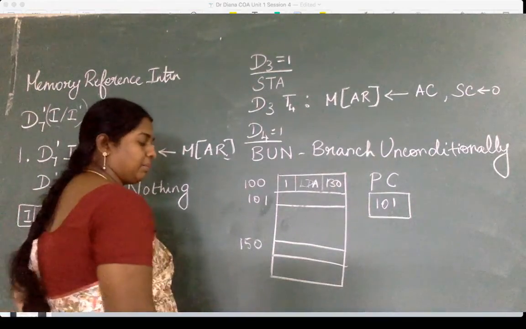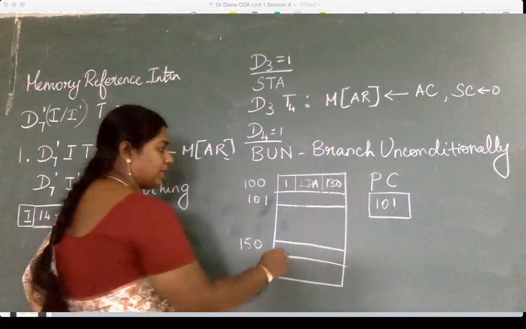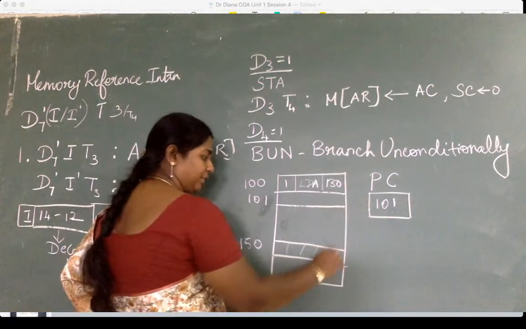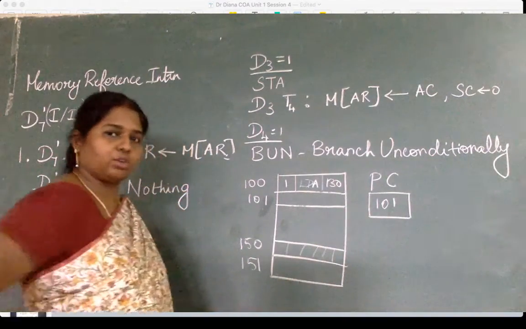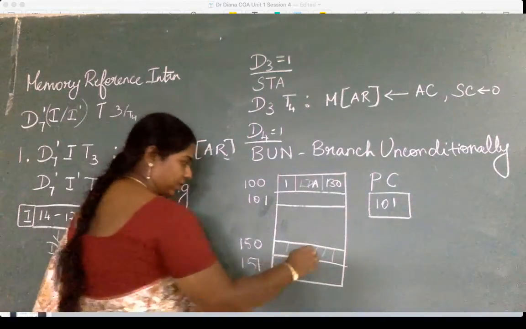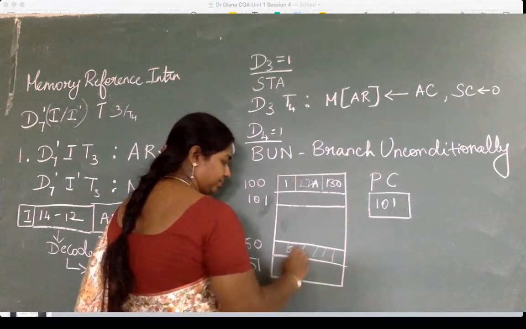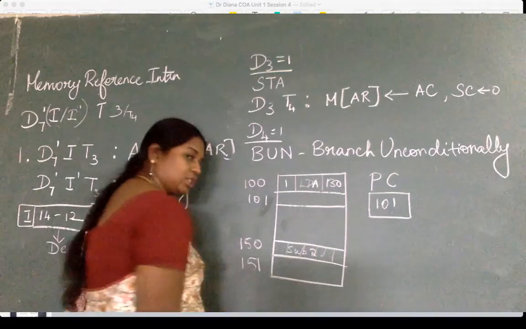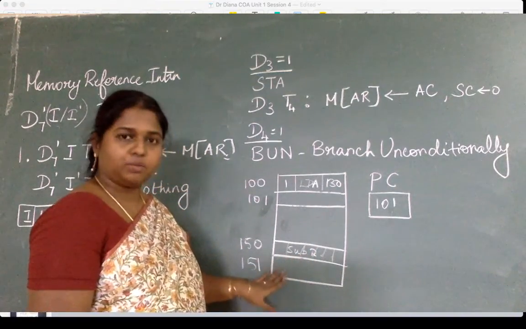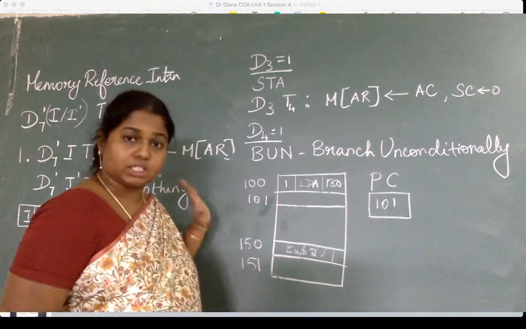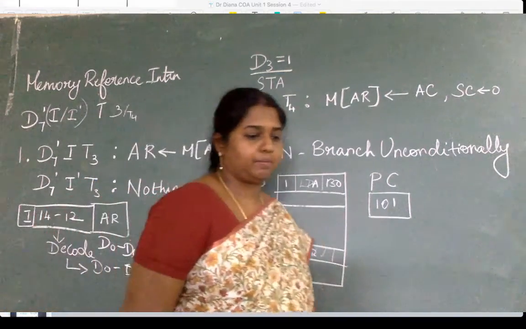Every time a subroutine starts, the first location of the subroutine is left empty and it will start its code from the next location. So this is part of the subroutine only, but the instructions will start from 151.